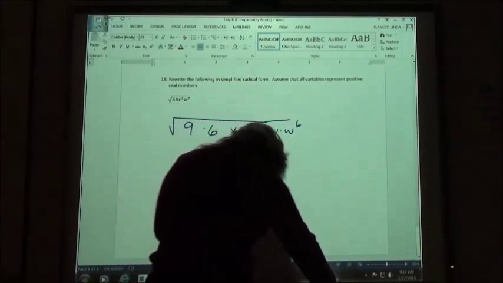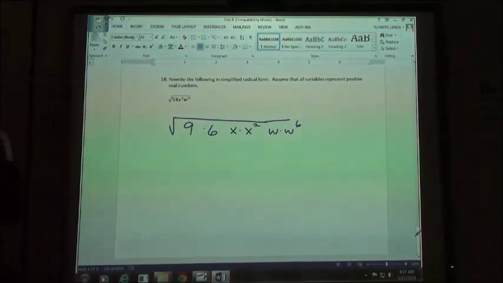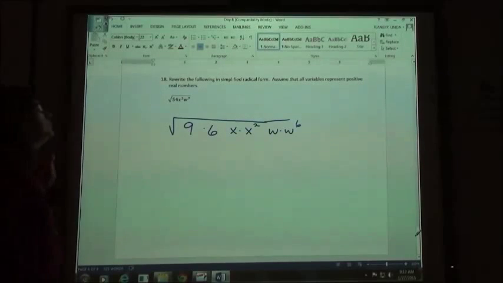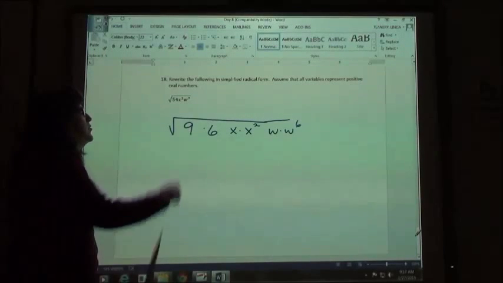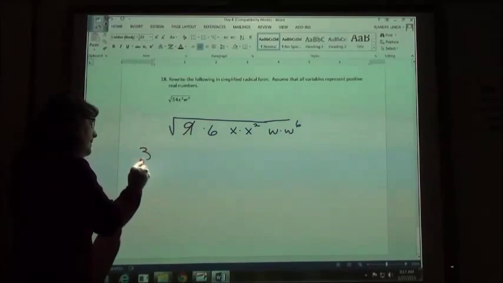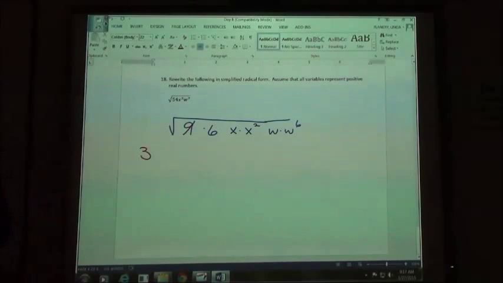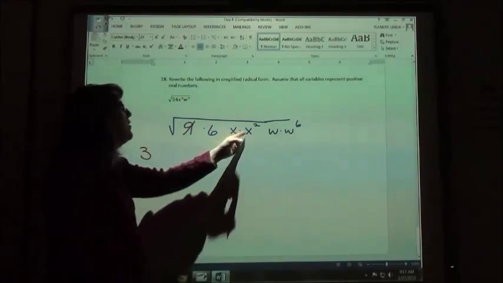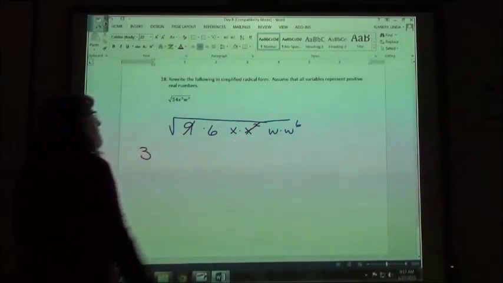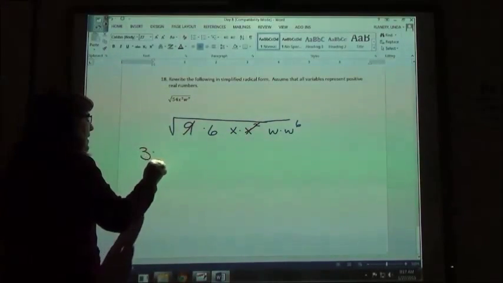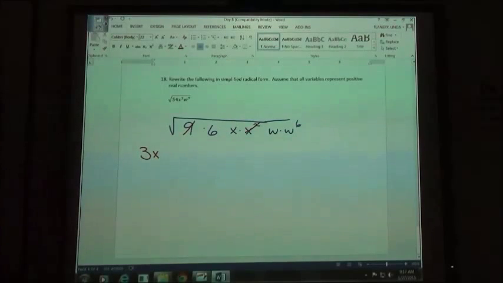So now that I got it all factored out, now I can take out my square roots. What am I going to take out? Your 9. Square root of 9 is 3. We'll need the x squared. The square root of x squared would be x. Square root of x squared is x.